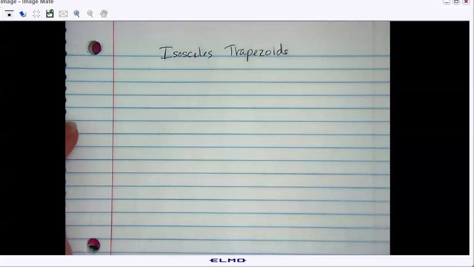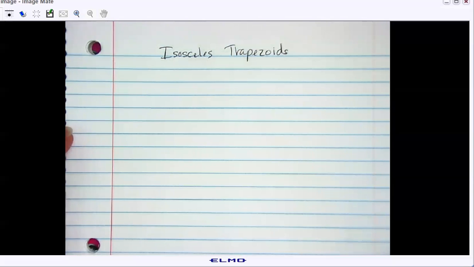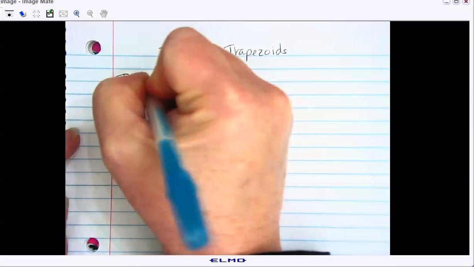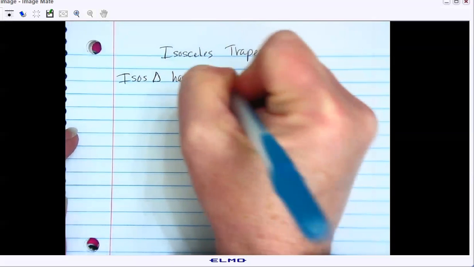When you hear the word isosceles, what do you usually think of? A triangle. And that triangle has what? What's special about it? Two equal sides. Good. So an isosceles triangle has 2 equal sides.